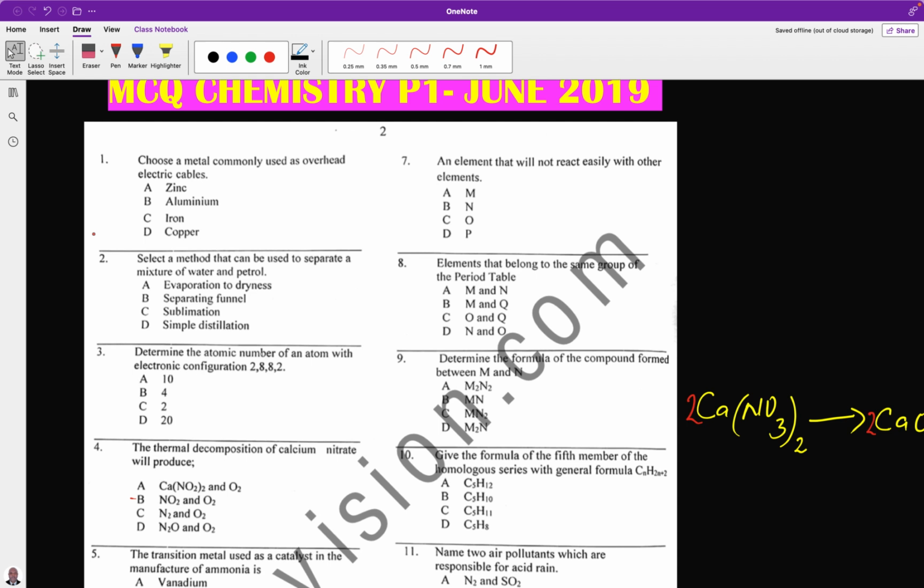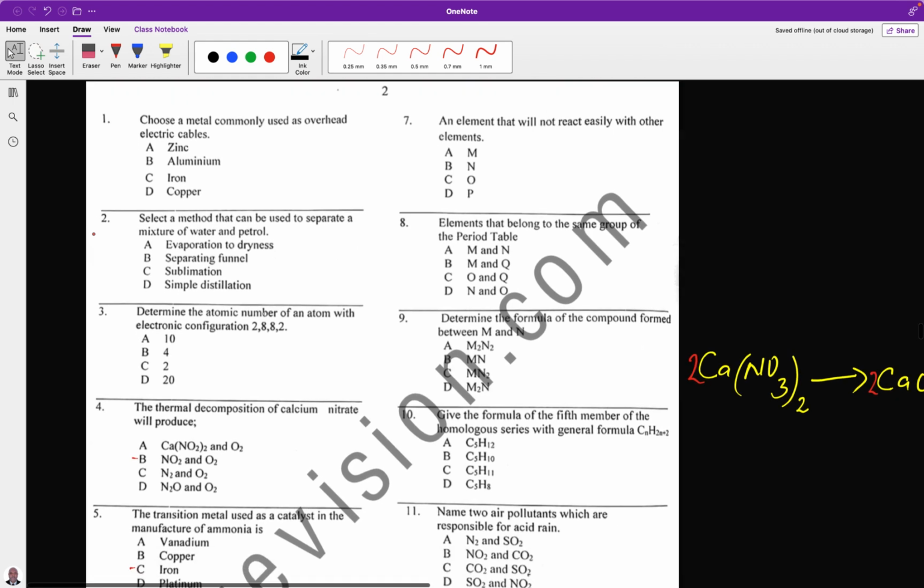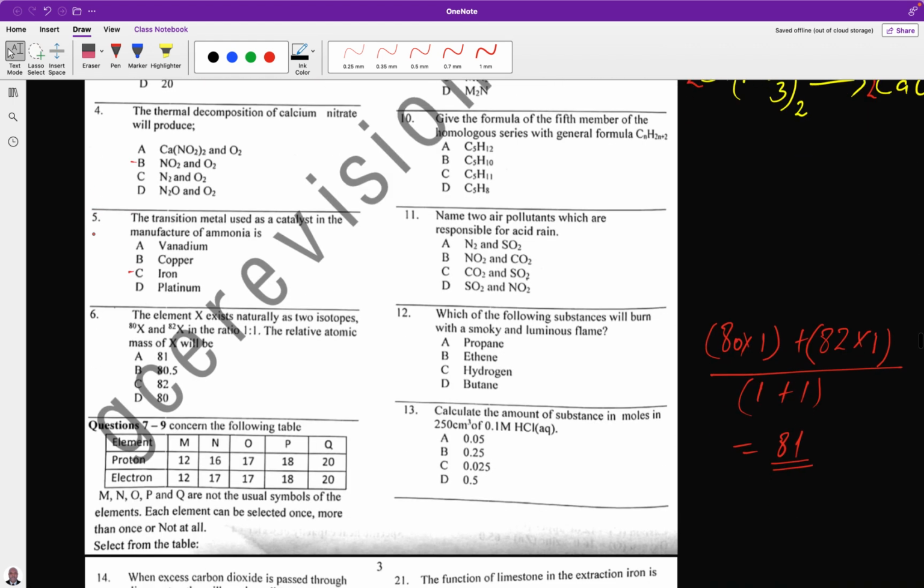Question number 7. An element that will not react easily with others. From the table, you can notice that this is a group 2 element, and this is a group 17 element. N and O are both group 17. P is group 18.